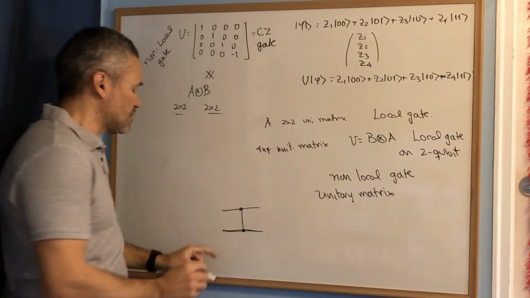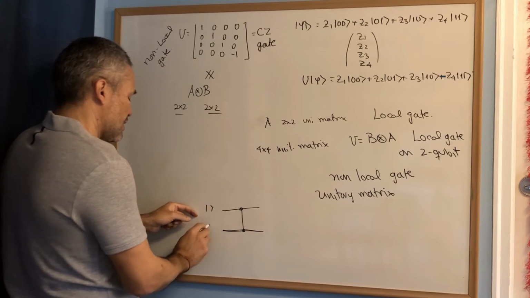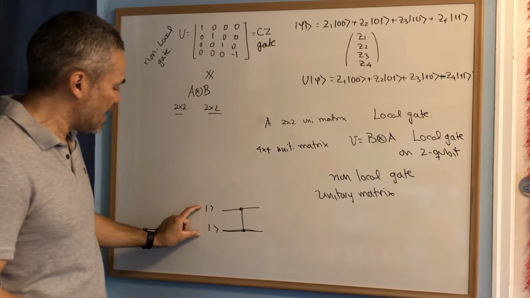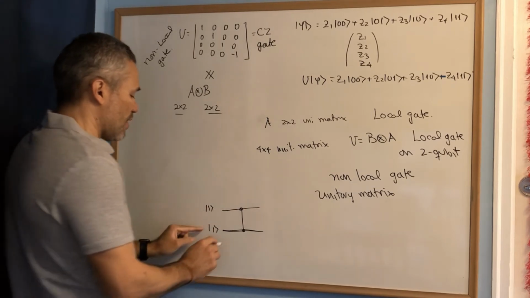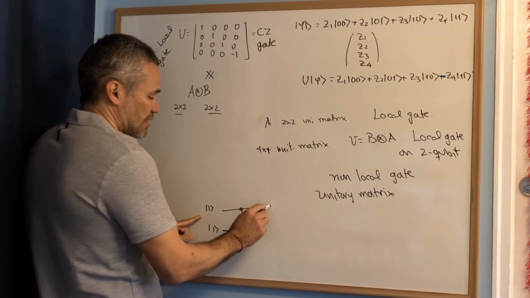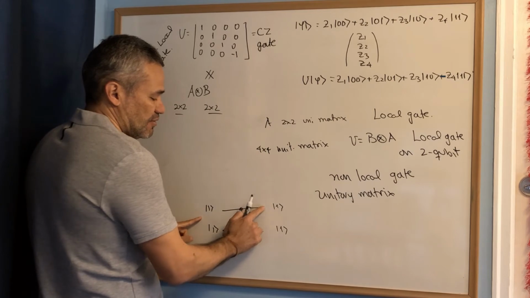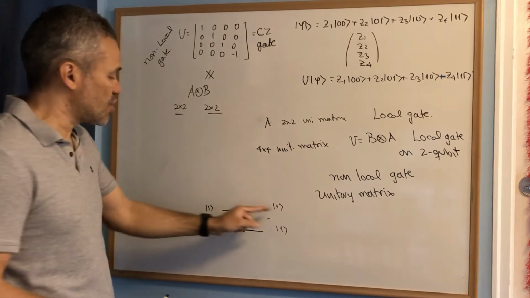This symbol says that if you have a state here and a state here, it's going to do nothing unless these two states are 1 and 1. And when you have 1 and 1, then you get negative 1. You can put the negative here or in the middle, but it's just going to change the sign.